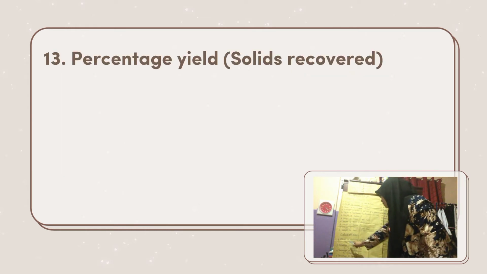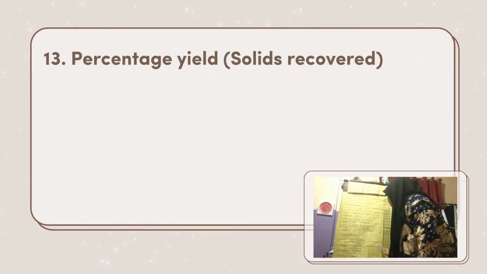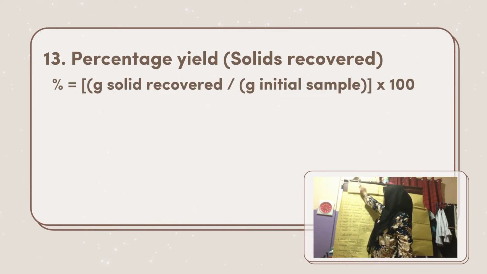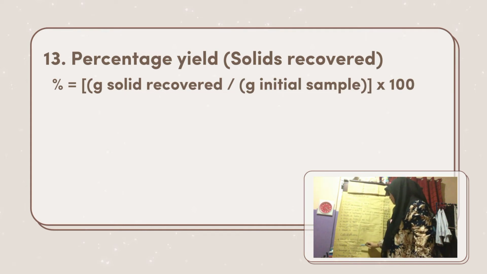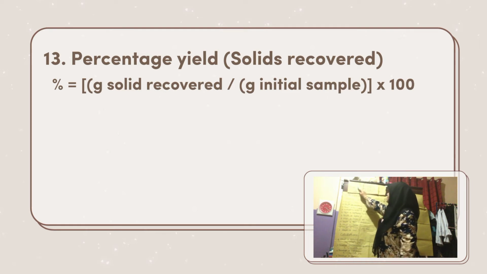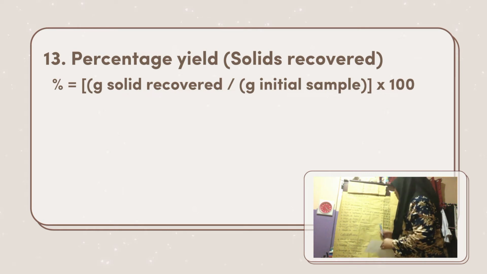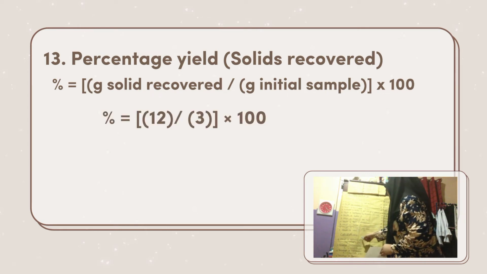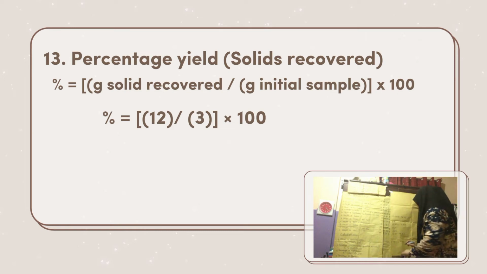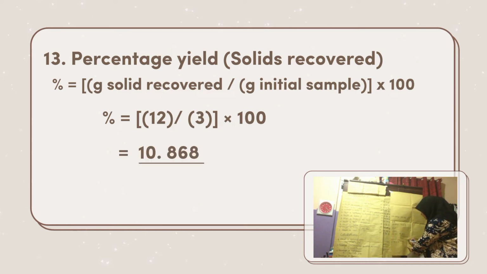So, percentage yield, or percentage of solids recovered. In order to get this result, we have to use this formula: percentage equals grams of solid recovered over grams of initial sample times 100. For example, number 12 here is 10.868 grams, which is already our number 12.